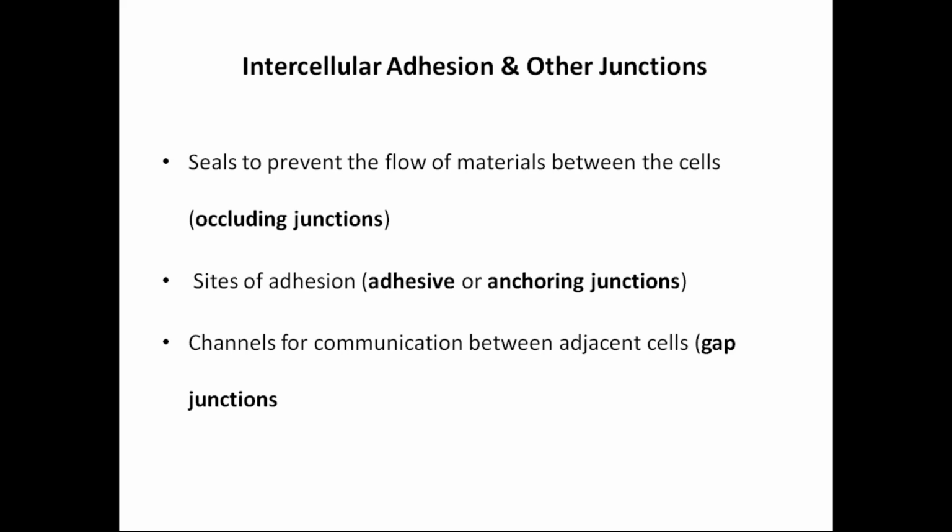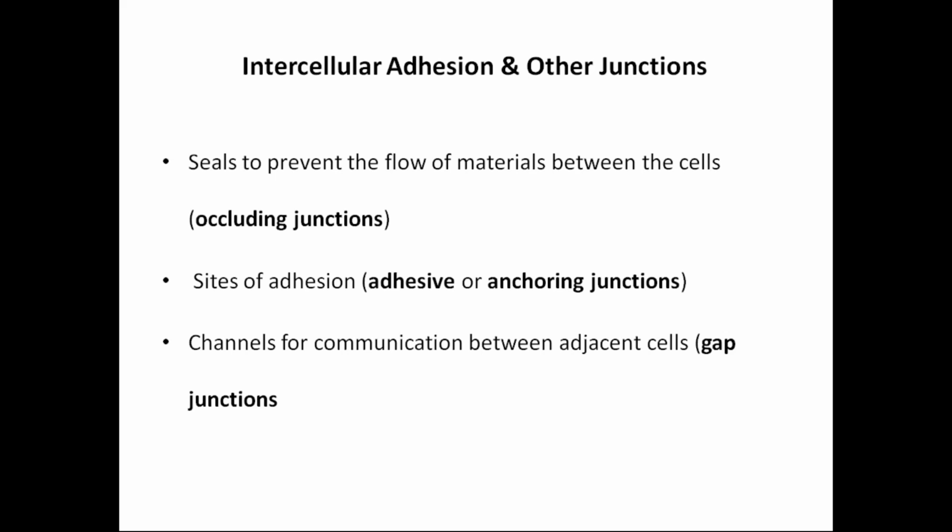Already I showed each cell. They seal to prevent the flow of materials between two cells, that is, cell membranes are joined and fused with each other, sealed off. That is called tight junction or occluding junction.